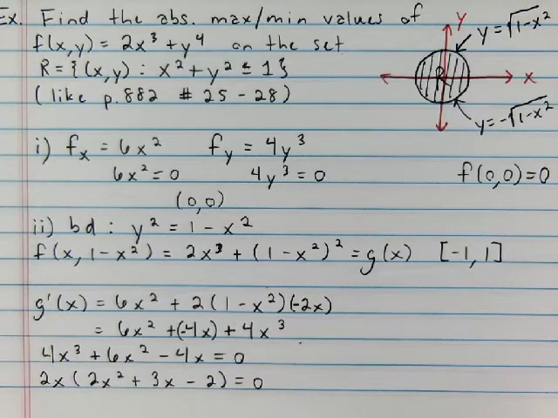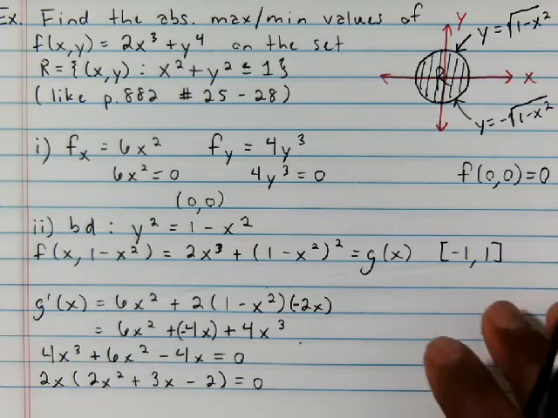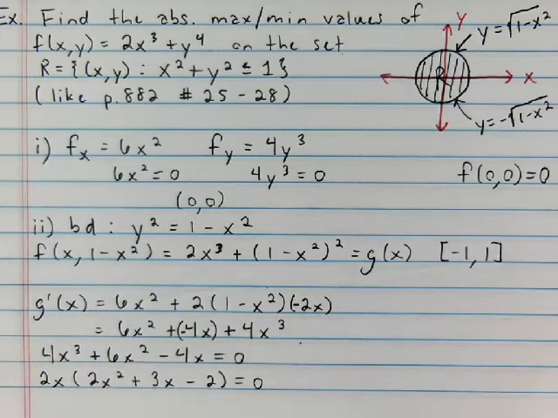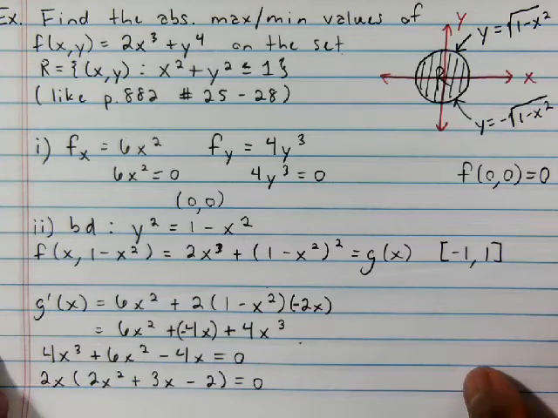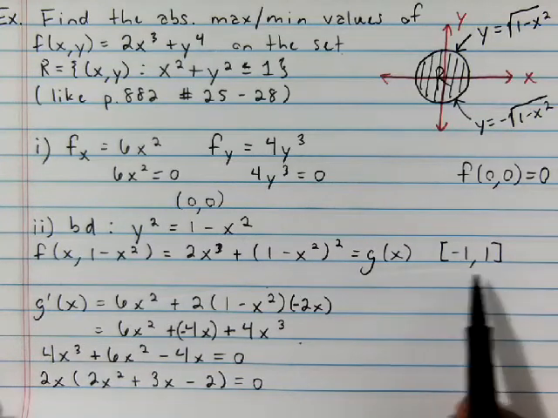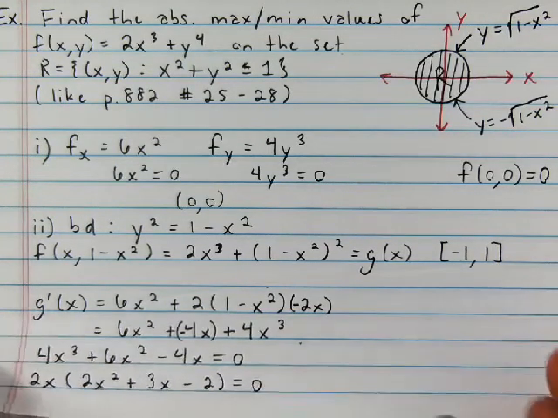So this tells us that x equals 0, or this quantity in parentheses equals 0. I'm going to go to the next page, so make sure we all have that down. Let me double check, make sure all this is correct. 4x cubed, 6x squared minus 4x, 2x, 3x, and 2. Okay. And we can't forget about our endpoints either, so we'll address those on the next page.